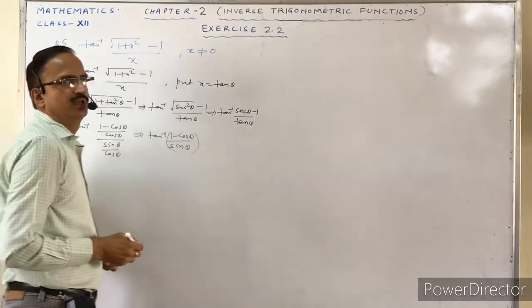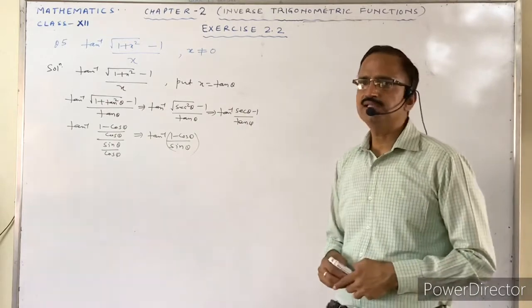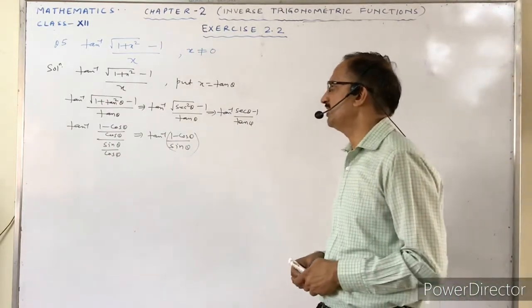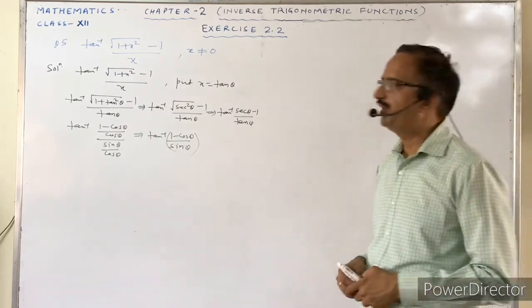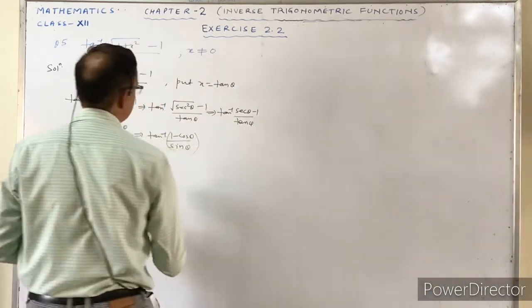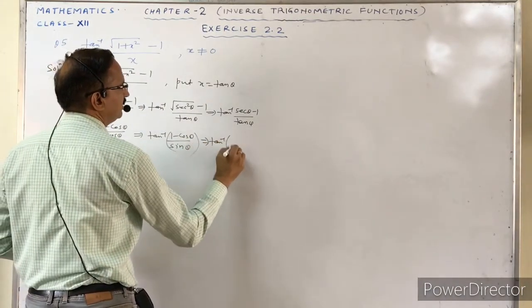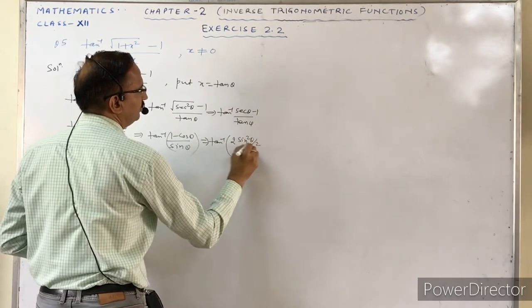Now we will use some formulas related to class 11 chapter number 3. In place of 1 minus cos theta, we can write 2 sin square theta by 2. So here we can write tan inverse 2 sin square theta by 2.